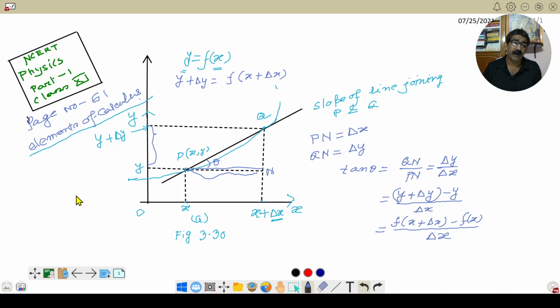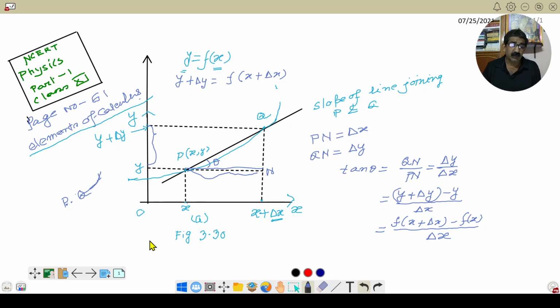That means the point Q comes from that position towards point P, but it does not superpose on point P. Those are two separate points. P and Q are separate points, but the difference between P and Q is very small.